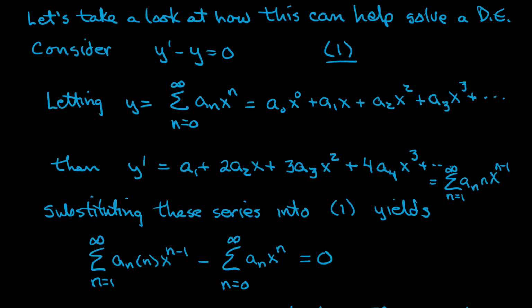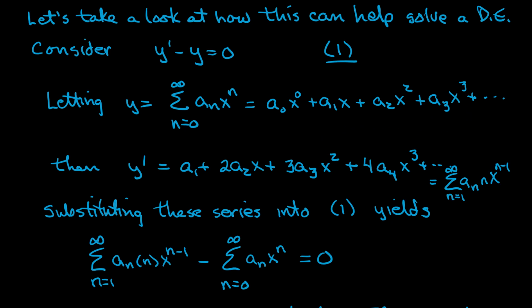Then as we move into additional terms, when we take the derivative of a sub 2 x squared, remember that the exponent 2 from the x squared is going to come out front, and we're going to get 2 a sub 2 x, with the exponent reduced by 1 in power. Similarly, when we get to a sub 3 x cubed, we're going to wind up with 3 a sub 3, and the exponent on the x is going to be 3 minus 1, or x squared.